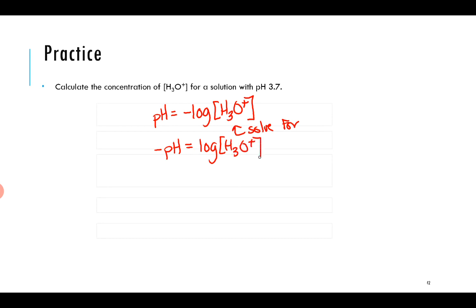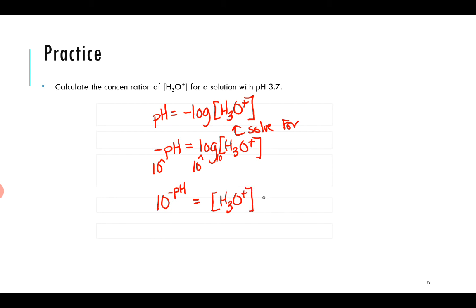And now I need to isolate my H3O plus by doing the inverse operation to my logarithm. The inverse operation is 10 to the power. And so 10 to the power of negative pH is 10 to the negative power of pH. And my 10 to the power of log base 10 cancels out, and then I'm left with H3O plus.